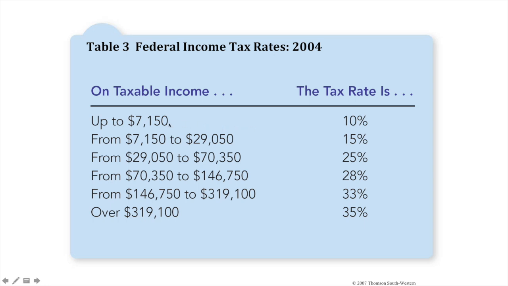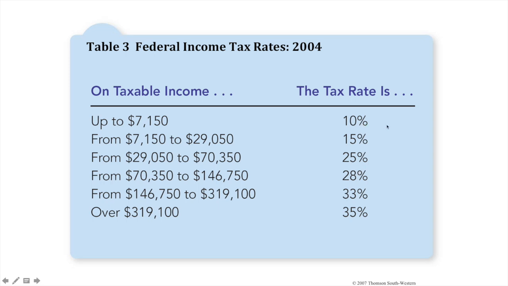Number two, if you make $30,000, you don't pay 25% of all $30,000. The way this works is it's a progressive tax. Your first $7,150 is taxed at 10%. Between $7,150 and $29,050, you're taxed at 15%. Between $29,050 and $73,500, you're taxed 25%.